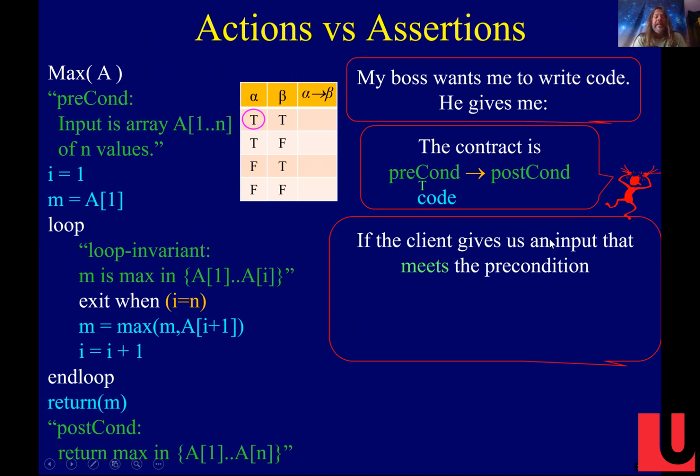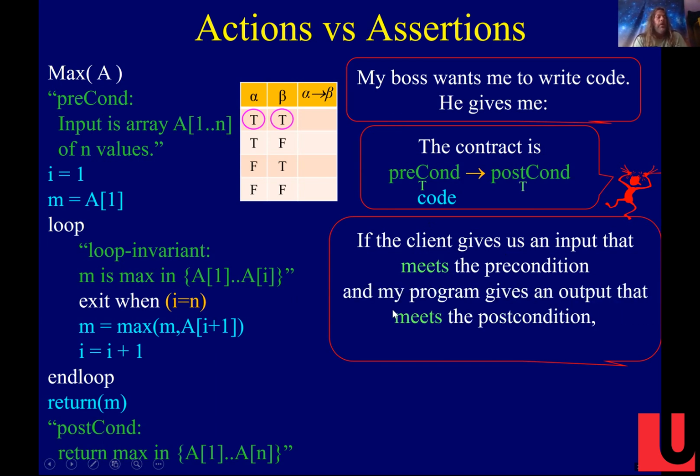If the client gives an input that meets the precondition, then what should happen? Well, your program better meet the postcondition. So here's precondition true, postcondition true. And is alpha imply beta true? Have you met the contract? Yes, you've met the contract.